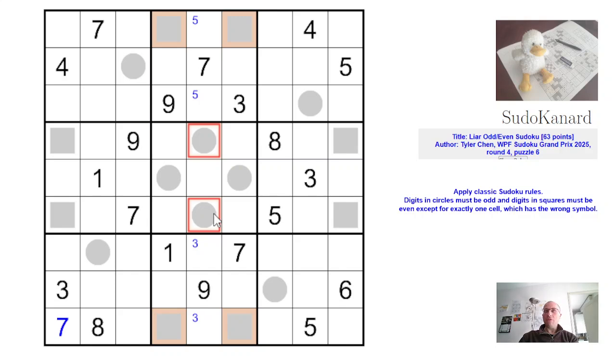So we are left with 2 possibilities. The first possibility is that all squares here are correct and one of the circles is wrong, or one of the squares is wrong, which means that the only possible wrong clues are those 6 clues. And all other given clues are correct.